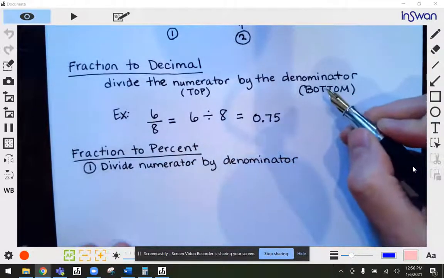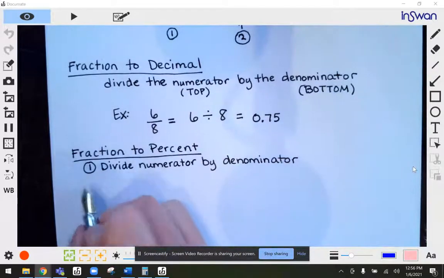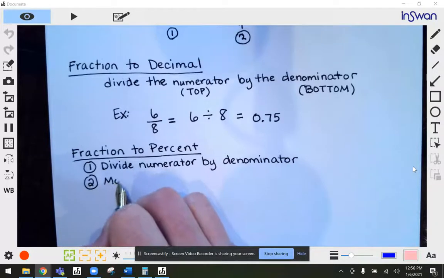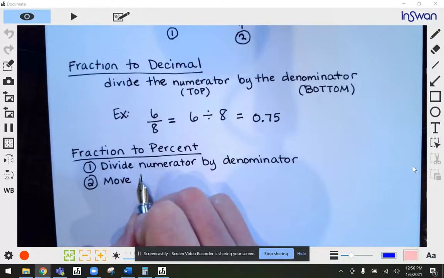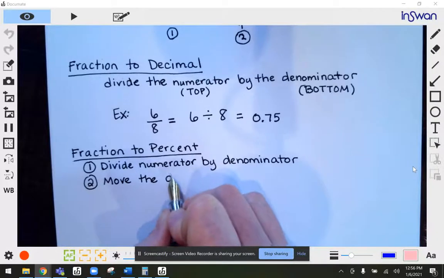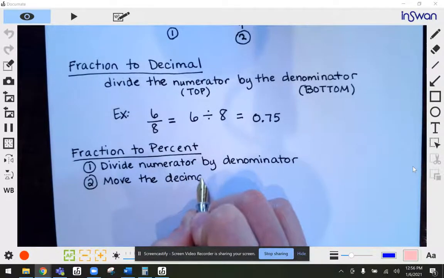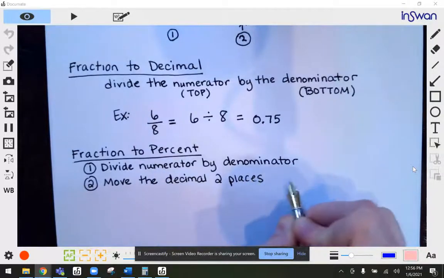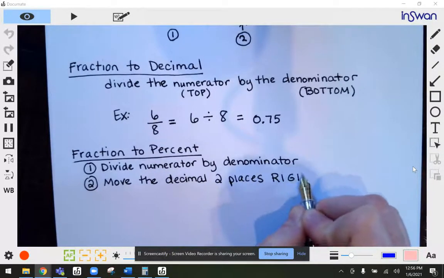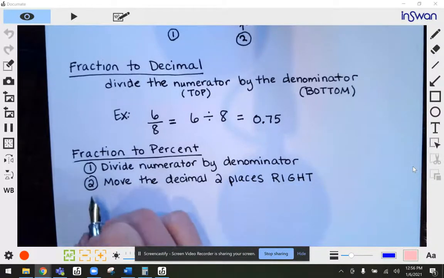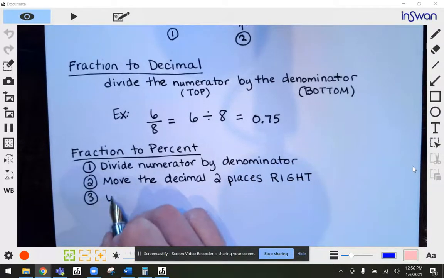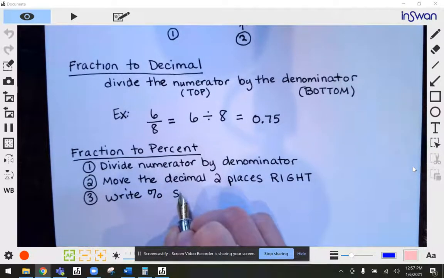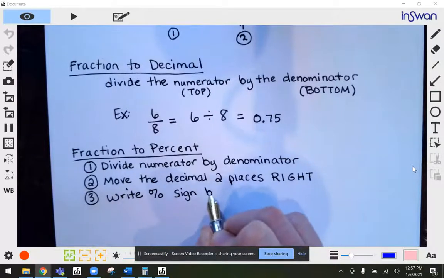So the same thing we did here, turn our fraction to a decimal. And then once we have a decimal, we're going to move the decimal two places to the right. And finally, we're going to write that percent sign behind the number.